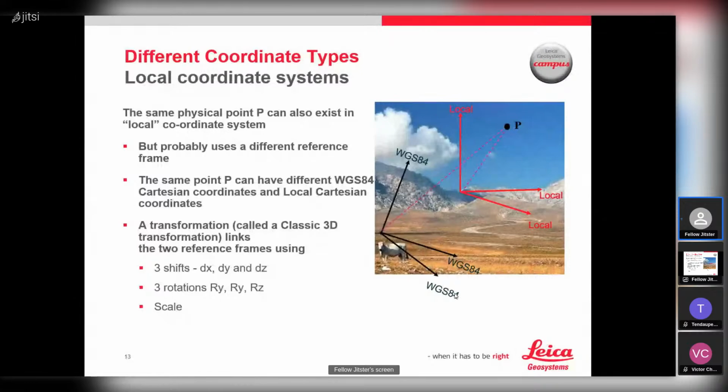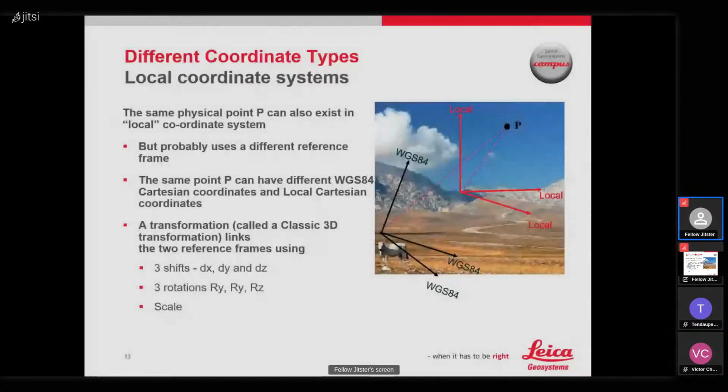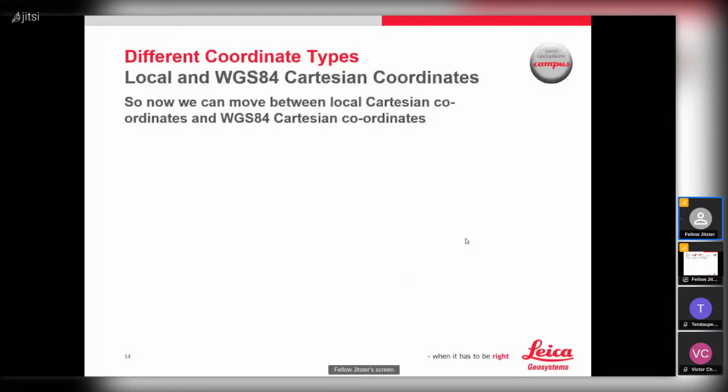So in total, 7 parameters are needed to compute the transformation between 2 different coordinate systems, X, Y, Z. This type of approach is called a classical 3D transformation, very often used in surveying or in geodesy.